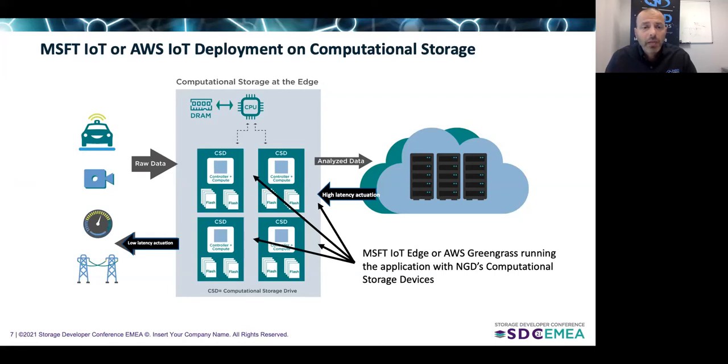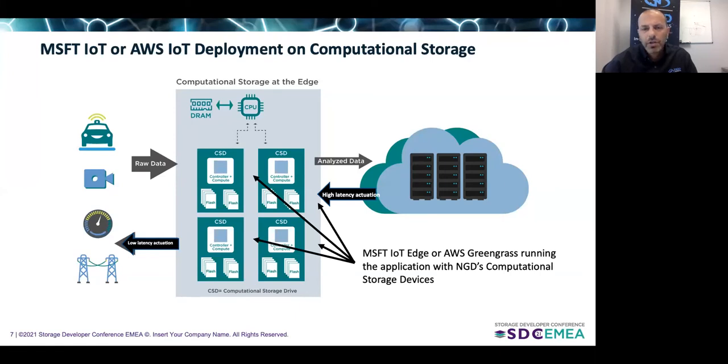You can enable the edge unit to not only get the data from the various sensors, but process it locally on the drive level, not even on the edge compute level, and move only what's important either to the cloud or back to the source. That has been a very unique approach and a very promising one for the growing edge compute.